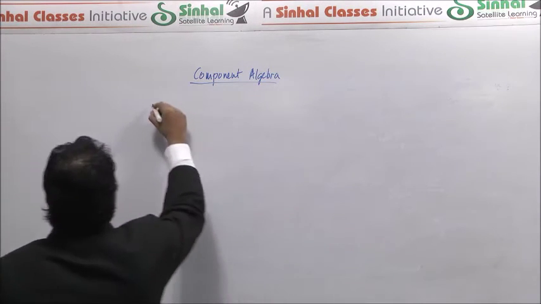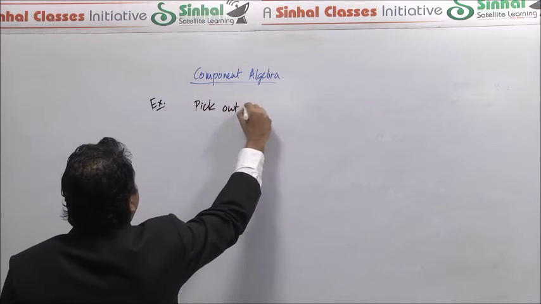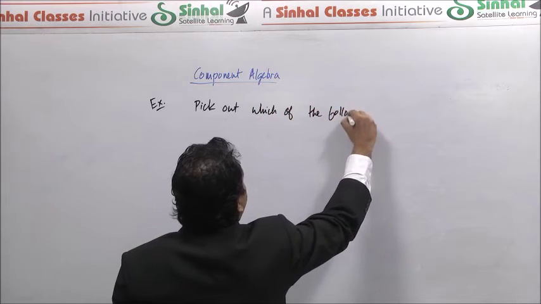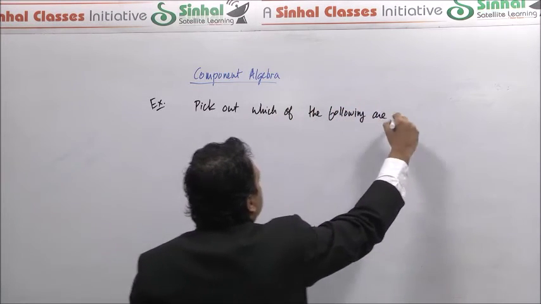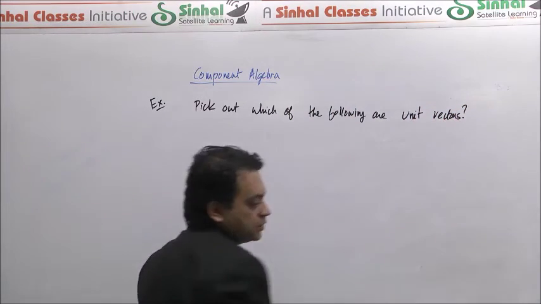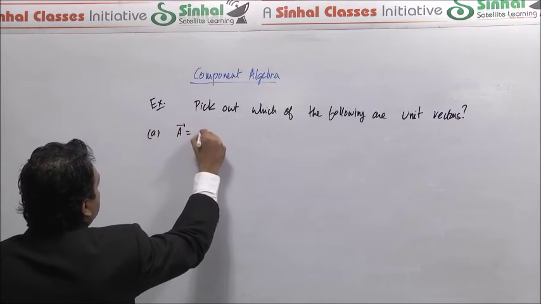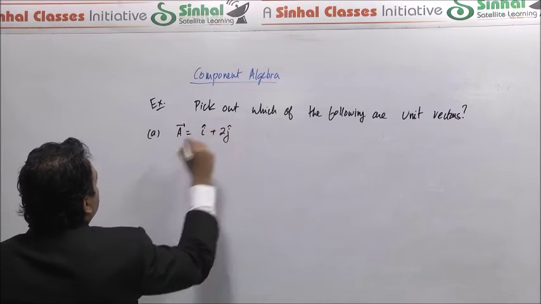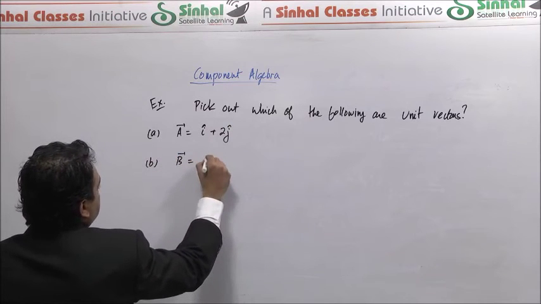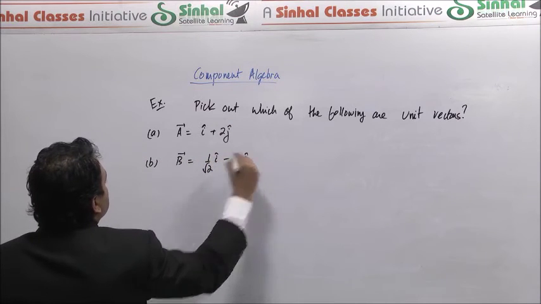Example. Which of the following are unit vectors? Let's say the first given to us is i cap plus 2 j cap. The second is 1 by root 2 i cap minus 1 by root 2 j cap.